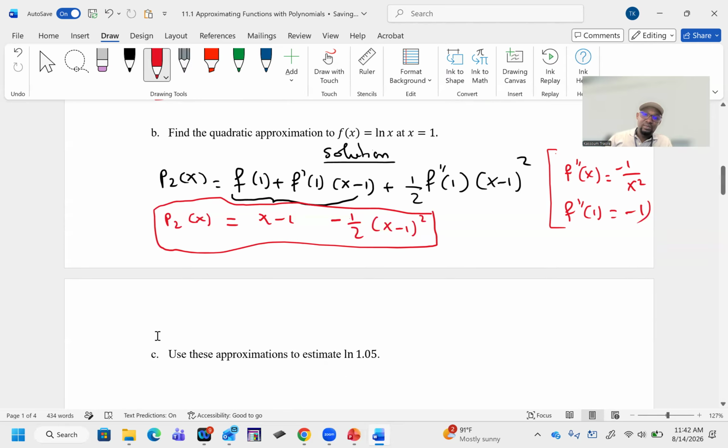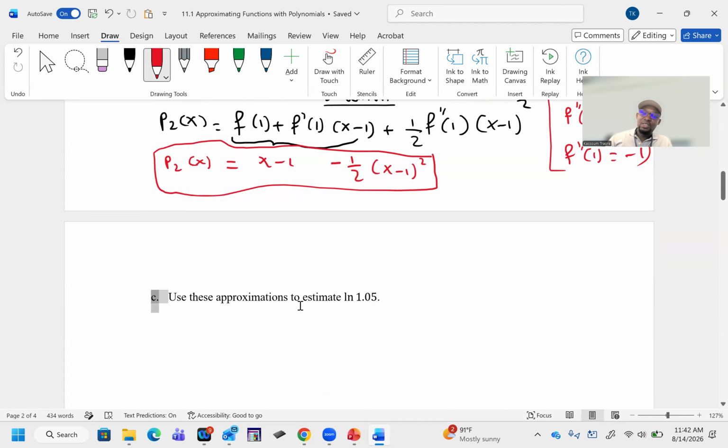So now, C, use this approximation to estimate ln of 1.05.